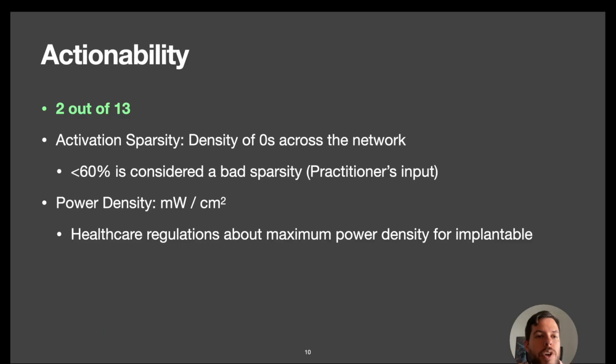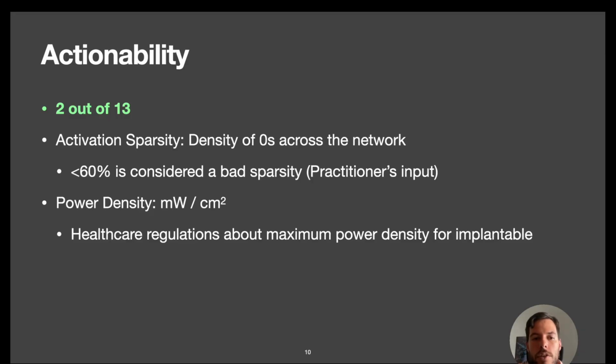We consider this actionable because, according to practitioners, a sparsity less than 60% is not considered good in literature when you are proposing new methods and new SNN architectures. If you have less than 60% of zeros, it will not be much more efficient than a normal neural network.